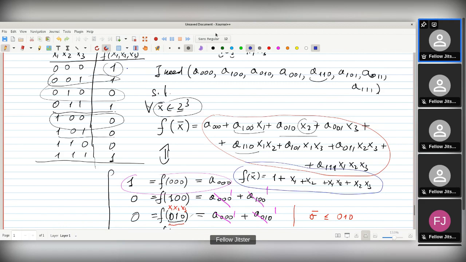Okay. 1, 0, 1. 1 plus 1. That's all 0. It's okay. 1, 1, 0. 1 plus 1 plus 1 plus 1. 4 ones, 0. And finally, if we take all ones, we will obtain a sum of 5 unities, which is 1. Is this idea clear?